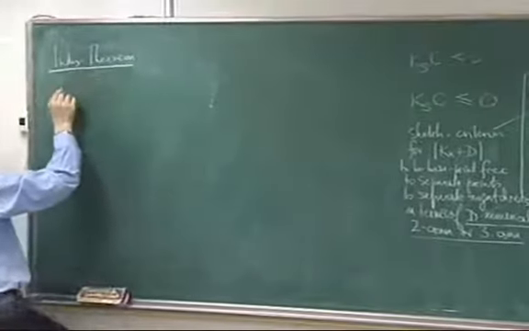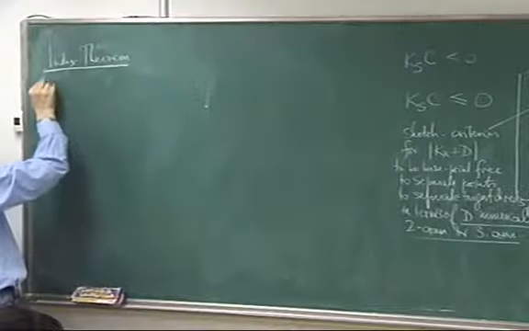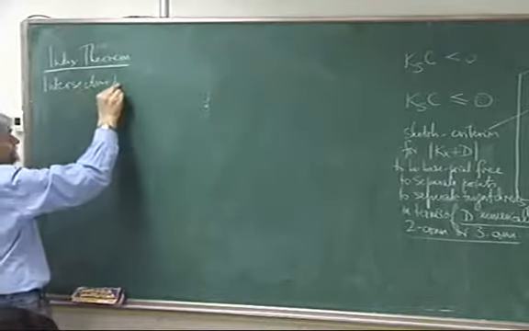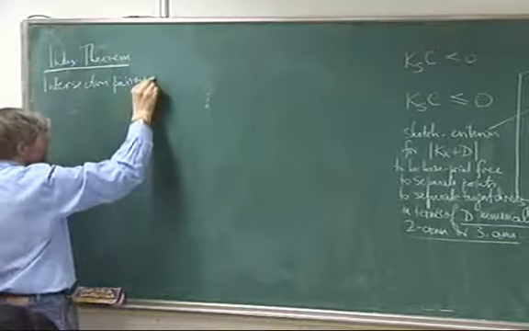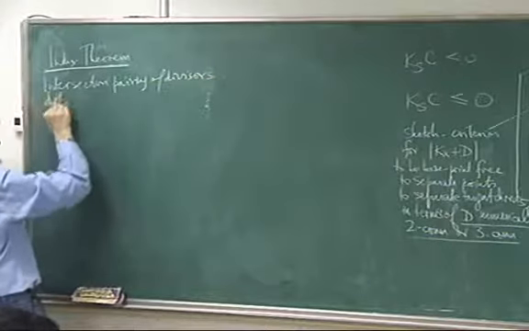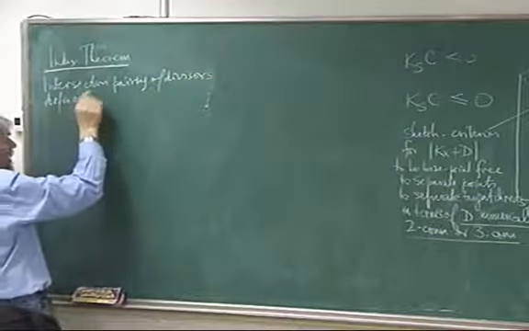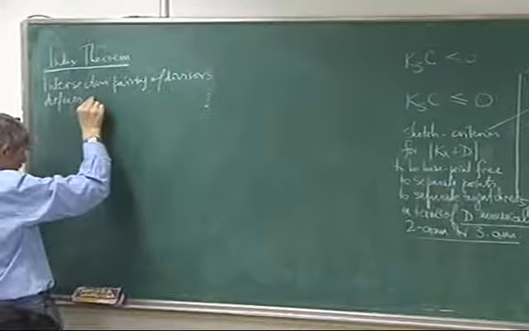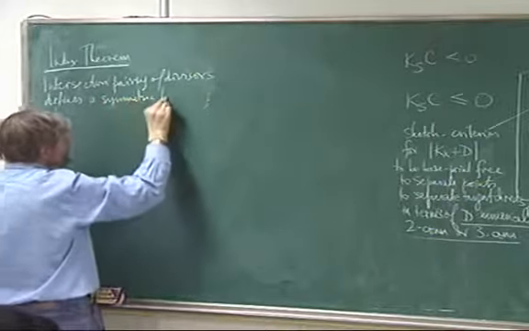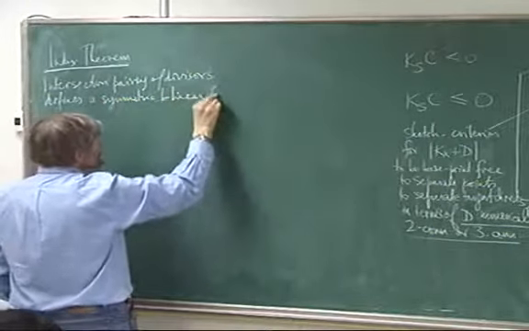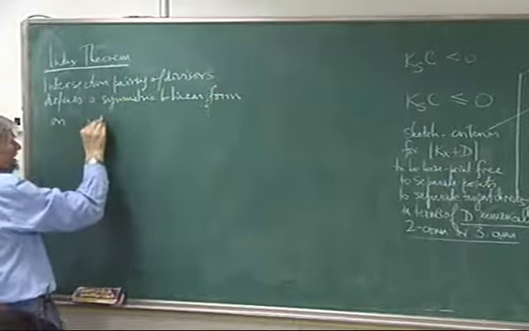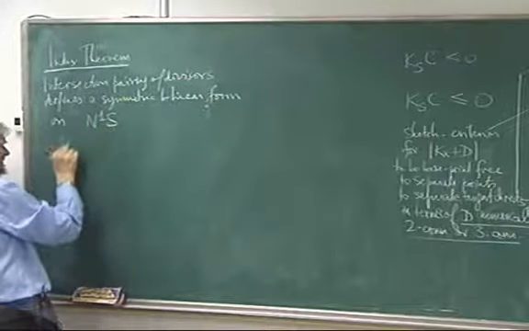So I explained last time, the index theorem says the intersection pairing of divisors defines a quadratic form, a symmetric bilinear form, on N1 of S. So this is also called the Néron-Severi group.